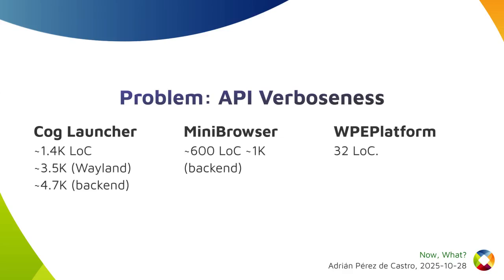For example, with the legacy API, a browser that has a Wayland backend and is a small browser, a kind of mini browser itself, this launcher, clocks at 8,000 lines. The WebKit browser with the legacy API goes around 600, including a Wayland backend.